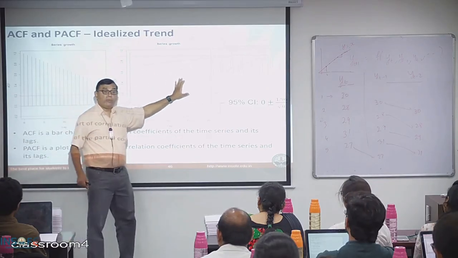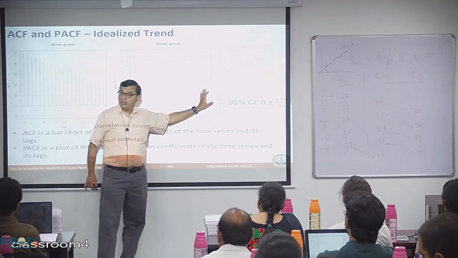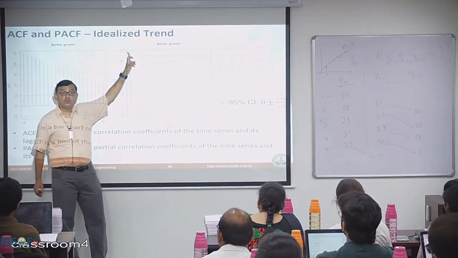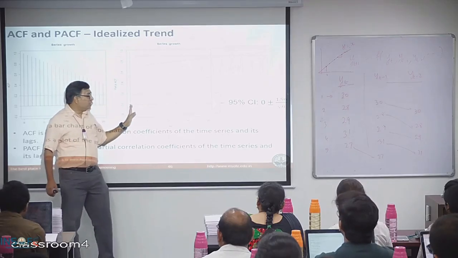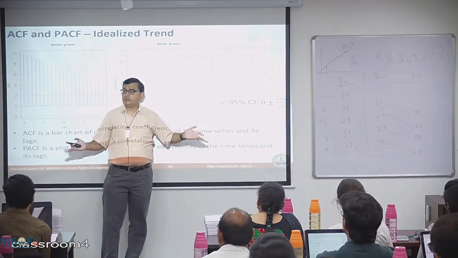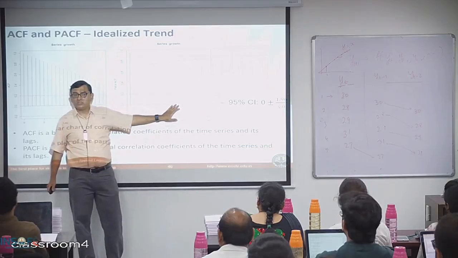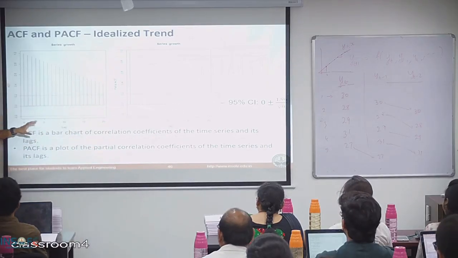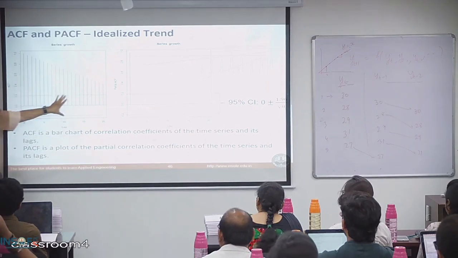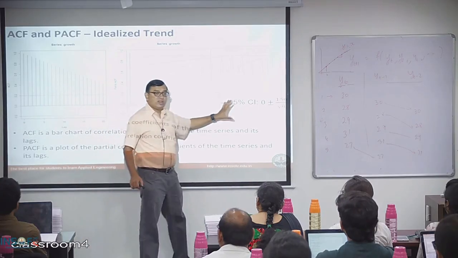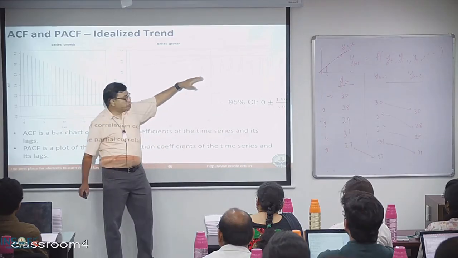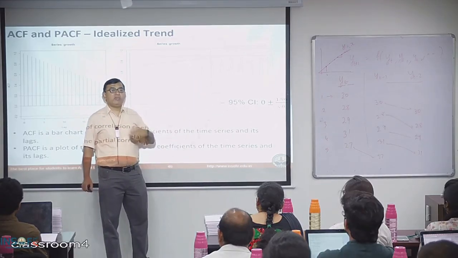PACF, or partial autocorrelation function, tells you that only the first lag had useful information. None of the subsequent lags had any useful information at all. That's what the PACF chart tells you. What you also see, this is R output, and R nicely gives you these blue bands, which are the 95% confidence interval. Any value within that can effectively be considered to be 0.